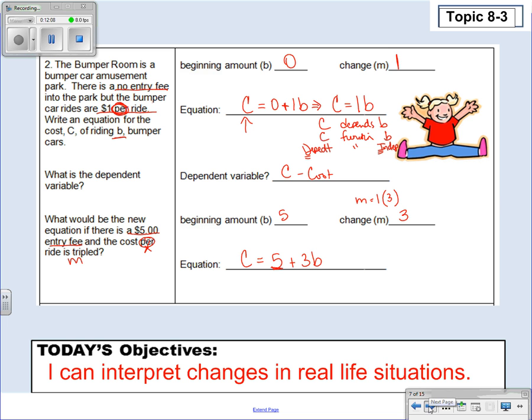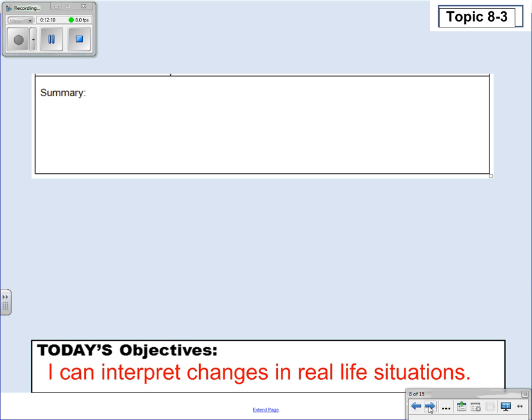So our summary that we can write is going to be very similar to our previous summaries. In order for us to interpret changes in real life situations, the first thing we must do is come up with our original equation. So we're going to write the original equation, finding our beginning amount and how it changes.